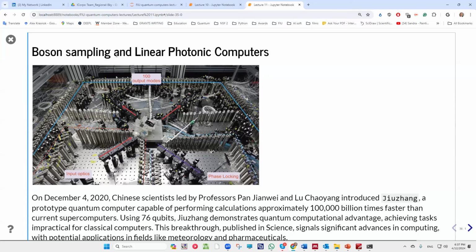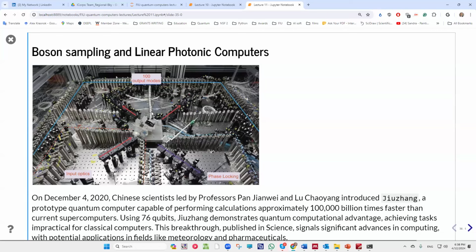This is just some sort of statistical manipulation with the photons or array of photons. So it's not a very practical problem, but still not solvable by a classical computer.